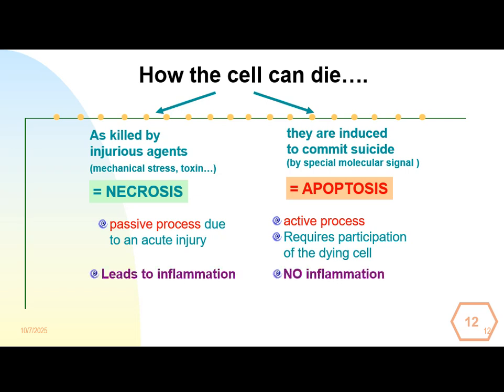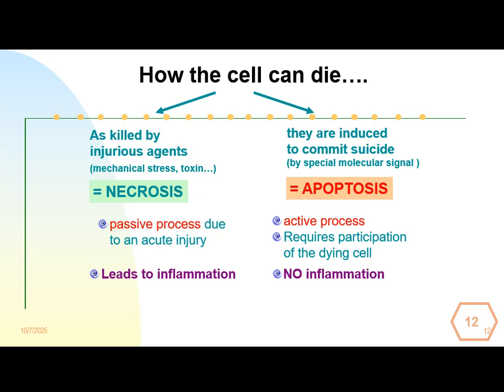And necrosis will lead to inflammation. That's why it's causing damage to the neighboring cell and the environment. Apoptosis has no inflammation. That's one major feature. When we're looking at the tissue, whether it's apoptotic tissue or inflammatory tissue, we're looking for inflammation.